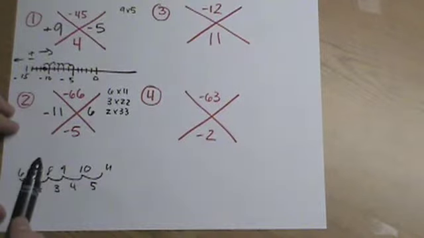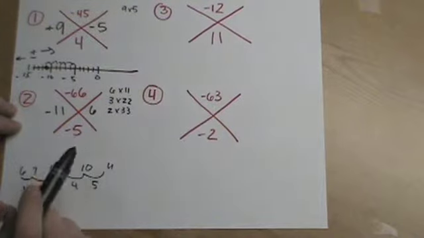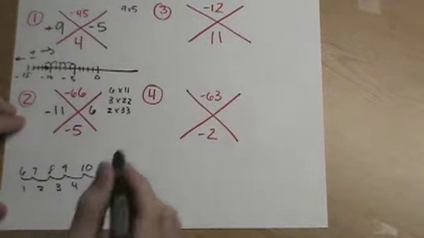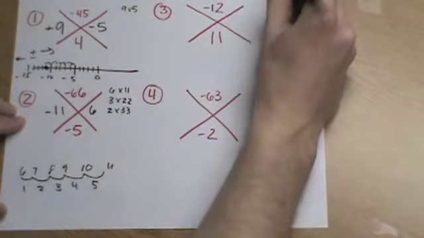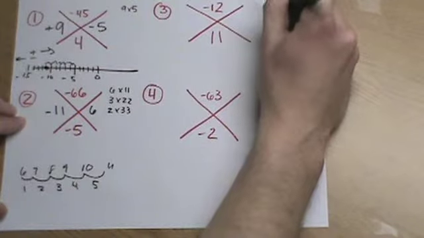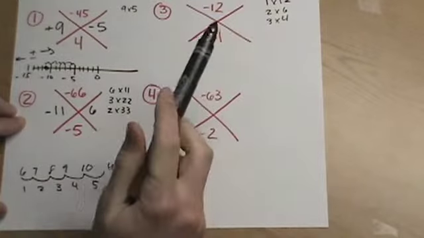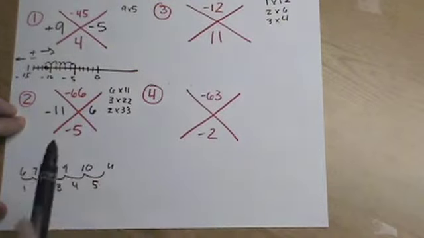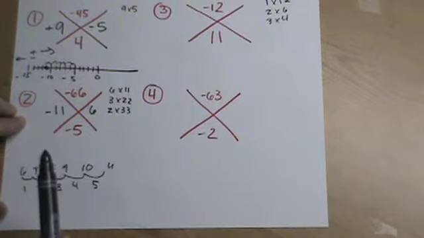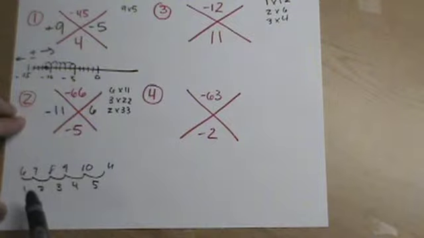Let's move up to negative 12 on the top and 11 on the bottom. So what times what equals 12? Well, you could do 1 times 12, you could do 2 times 6, or you could do 3 times 4. Now, what either has a difference of 11 or can be added to 11?